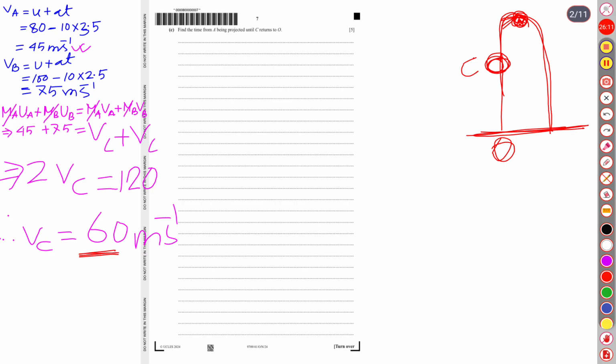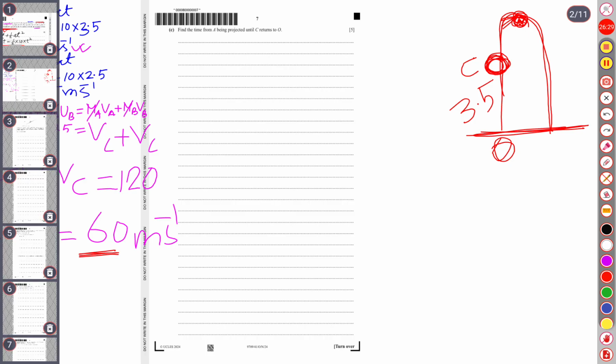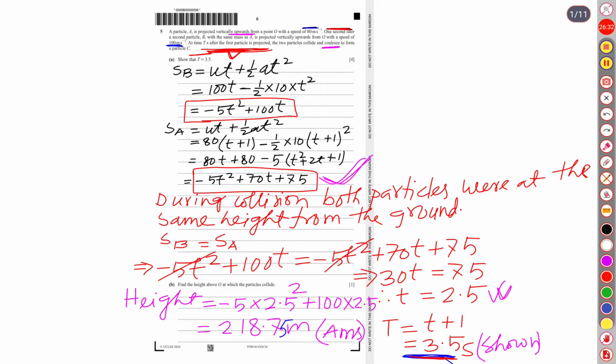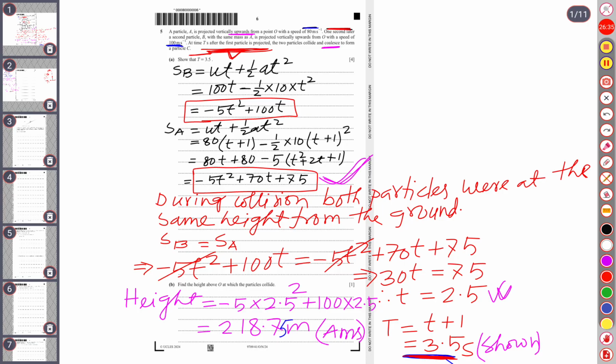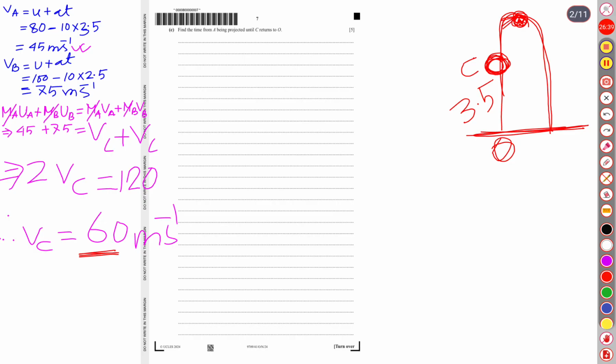We already know how much time was taken to reach this height: a total of 3.5 seconds, which we came to know from the previous question. 3.5 seconds was taken to reach this height before becoming C. Now we will find the time taken by this combined particle to reach the highest point, when it came to rest.